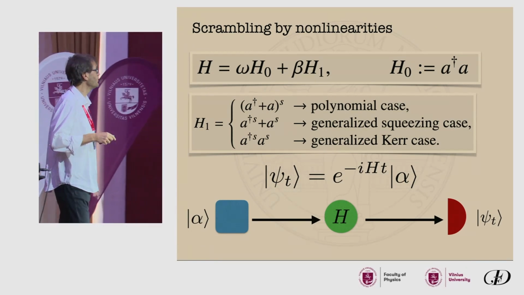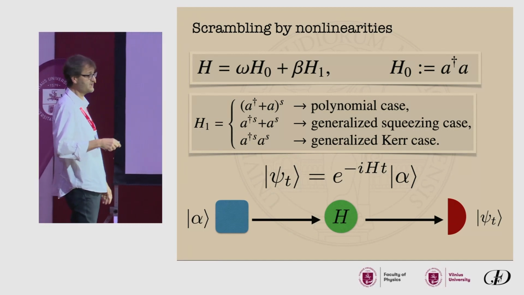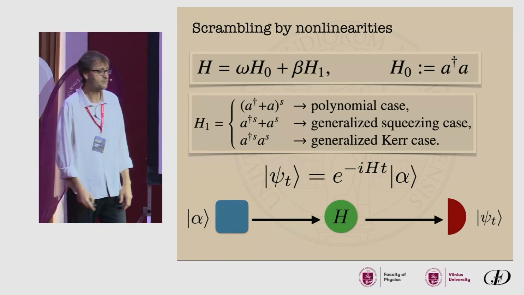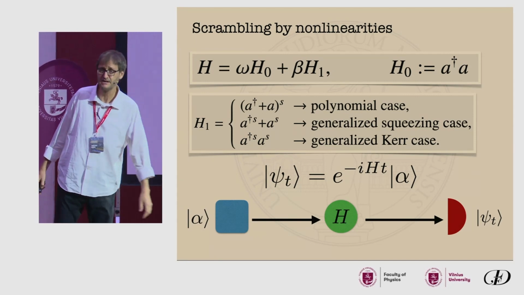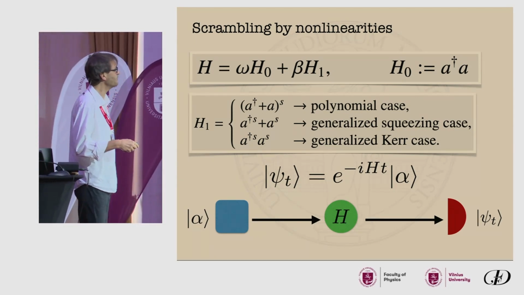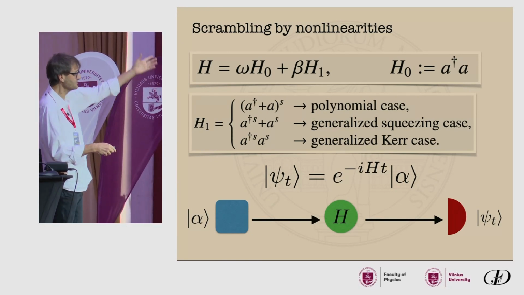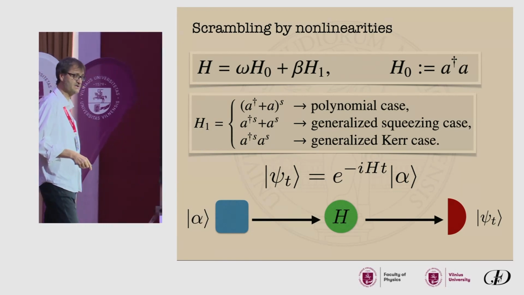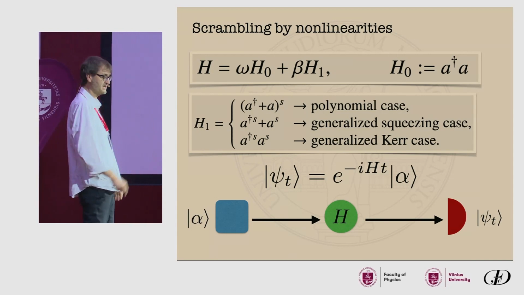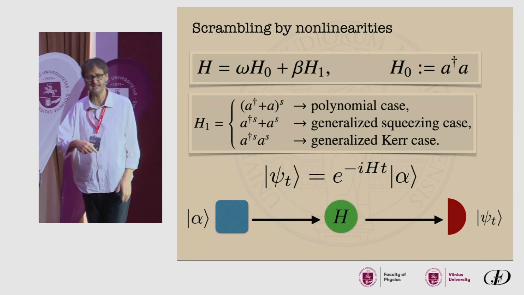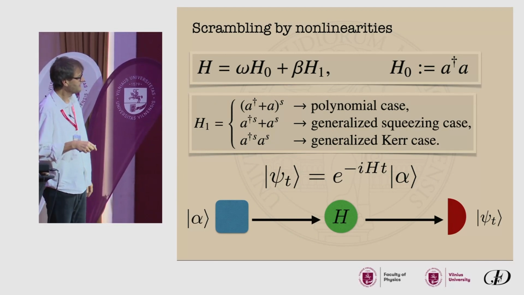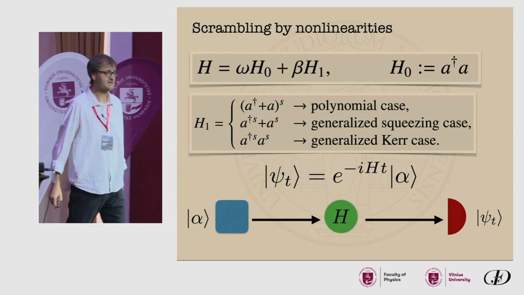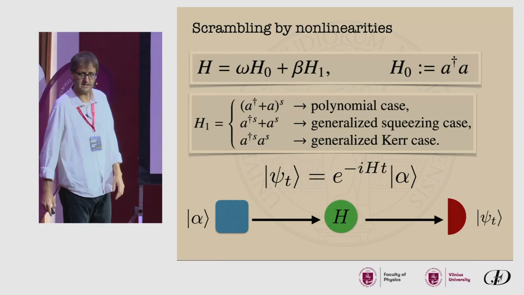We considered this, and we call this the polynomial case. For s equal to 3, you can call it the magic gate, and this of course is generalized squeezing because of the resemblance with squeezing, and then we have the generalized Kerr. I will present the results for the first two cases, while the third one is not providing much improvement.